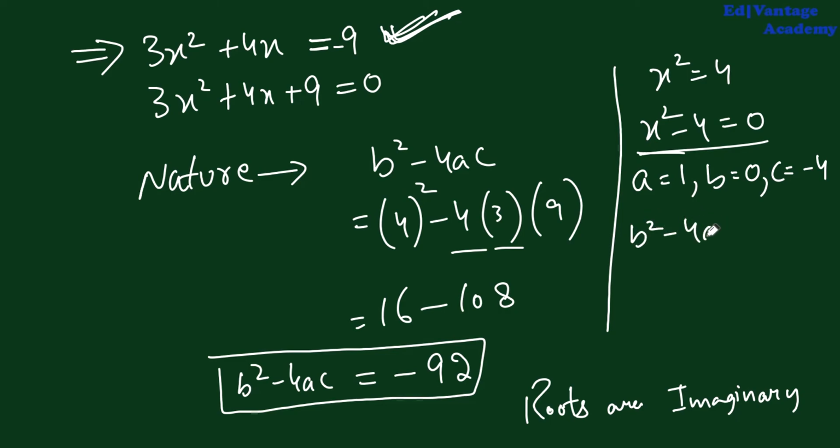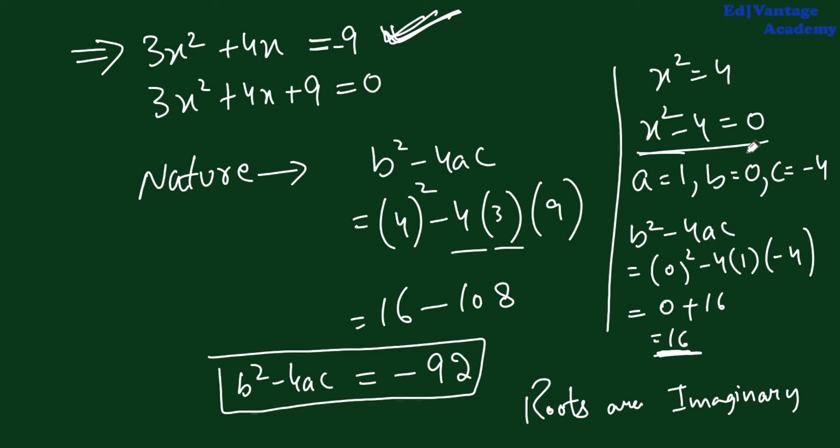So b square minus 4ac, if I check, it's 0 square minus 4 into a into c. So 0 square is 0 only, minus plus 16, that's 16. So you got b square minus 4ac is 16, that's greater than 0. So for this quadratic equation, roots will be real and unequal. That's if they ask you to examine the nature of roots.